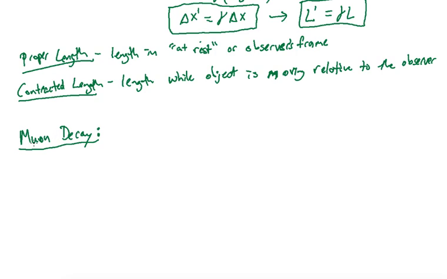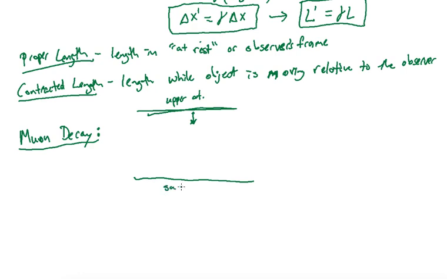But there's also something that's a little more straightforward, and that is muon decay. There are these muons that decay in a fraction of a second, and they're created up in the upper atmosphere. Classically speaking, at the speed they're traveling, they shouldn't make it, or at least not many of them should make it down to the surface.